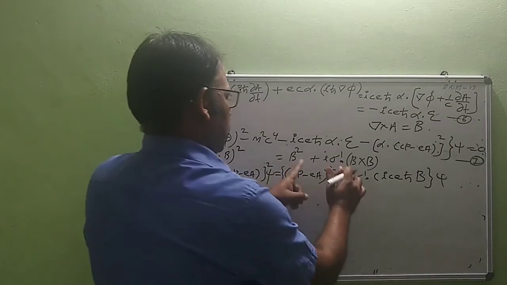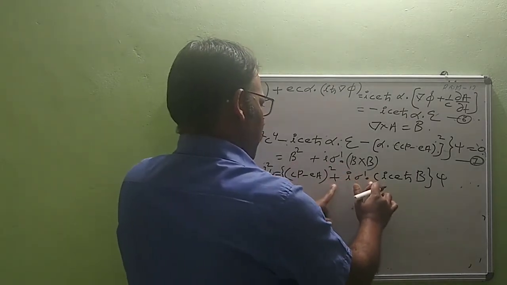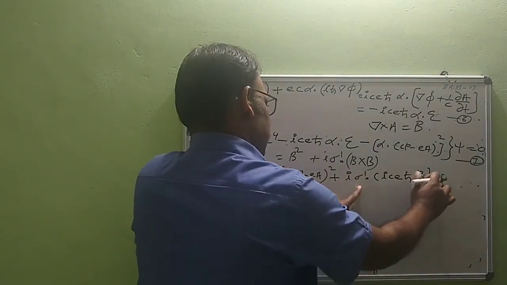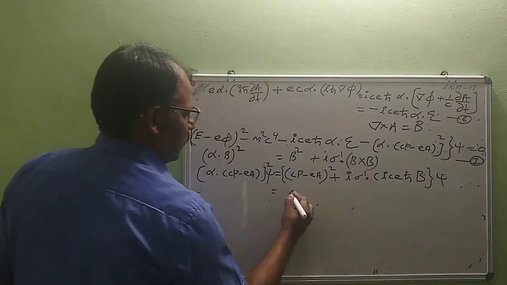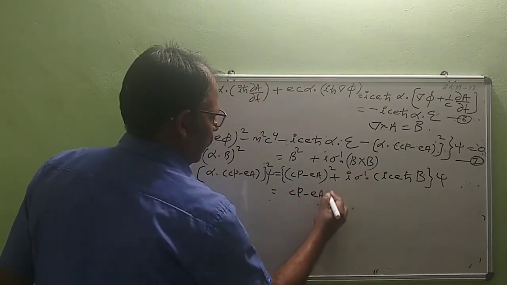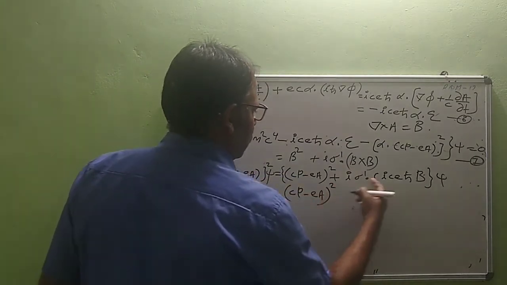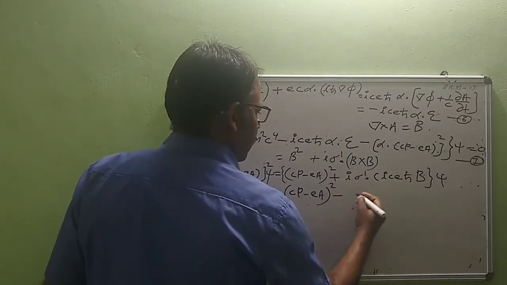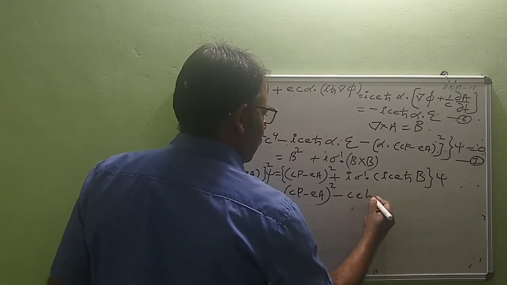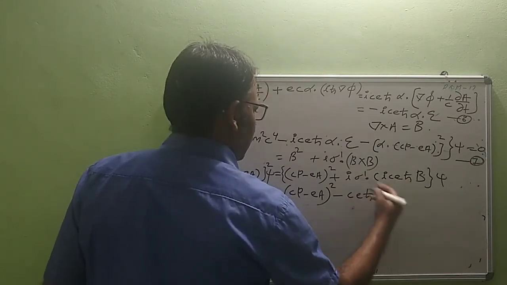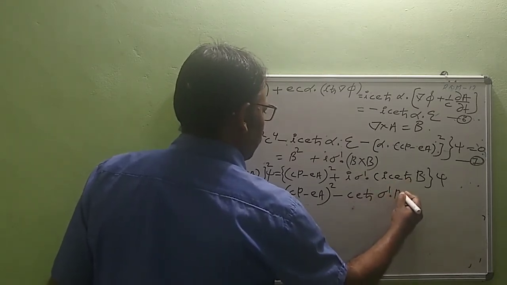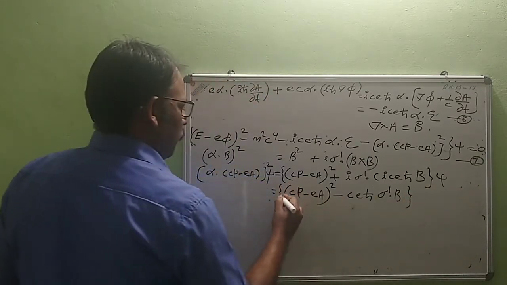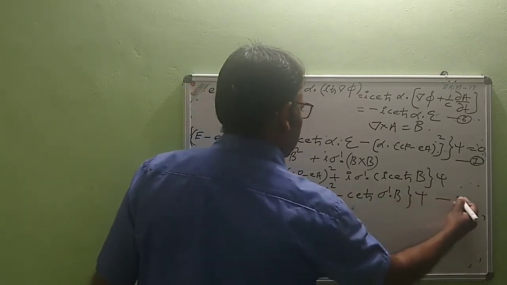That will be Cp minus Ea the whole square plus i sigma prime dot i e h bar B. This we can write as Cp minus Ea the whole square, then this i square is minus, e h bar sigma prime dot B operating on the wave function psi. This is equation number 8.